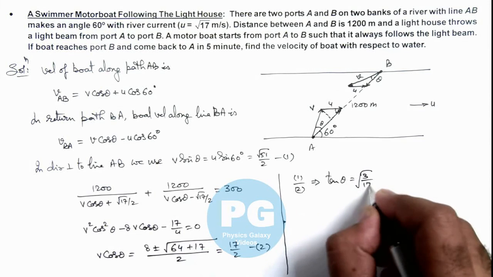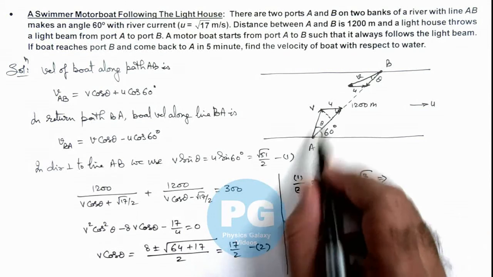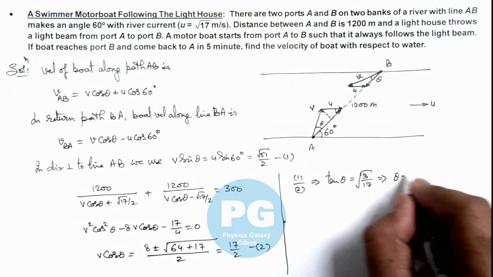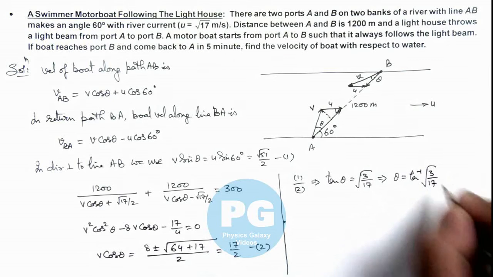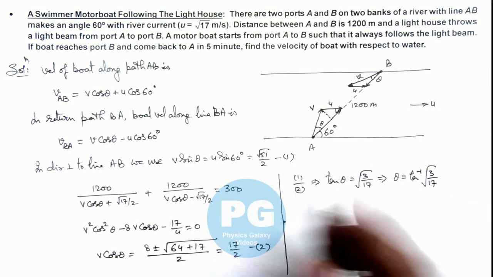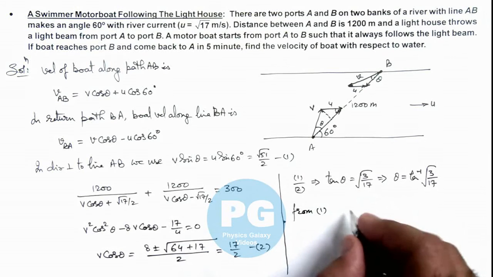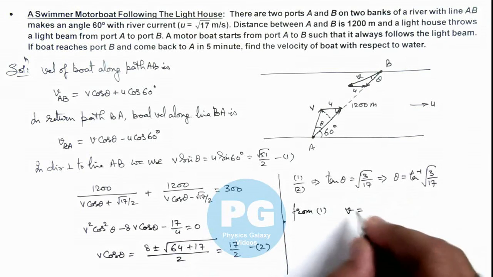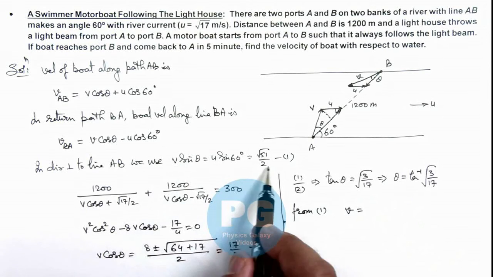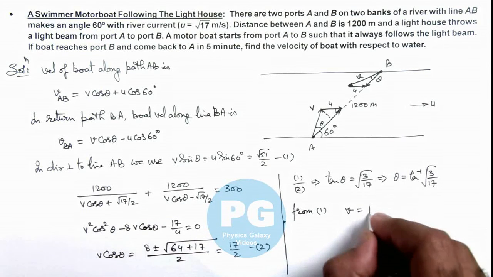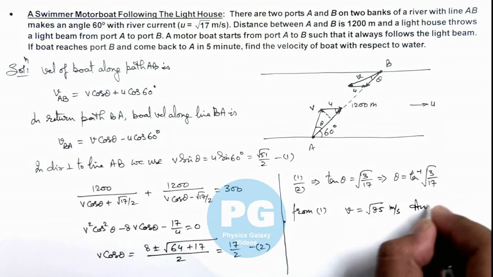This implies the angle theta at which the boat should head is tan inverse of root 3. If we use this angle, then from equation 1 we can substitute and easily calculate the value of velocity, which is root 51 by 2 upon sin theta. On simplifying, we get root 85 meters per second. That is the final result of our problem.